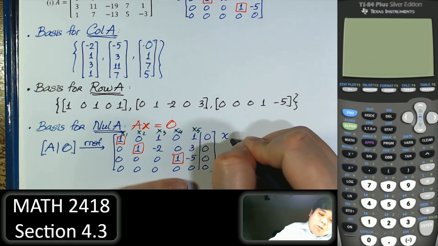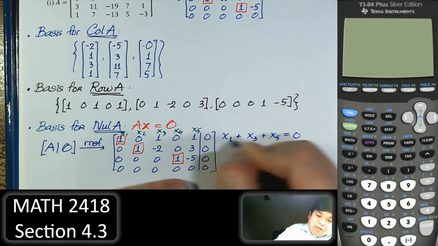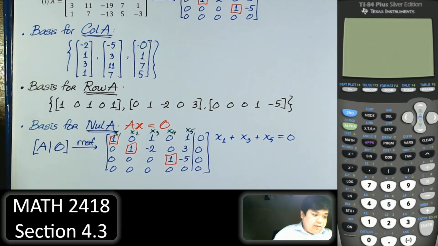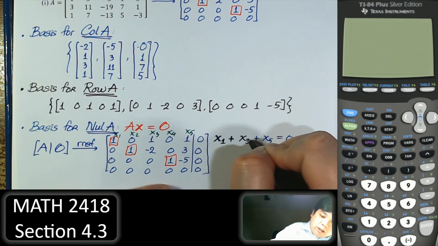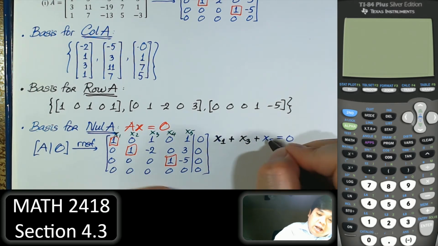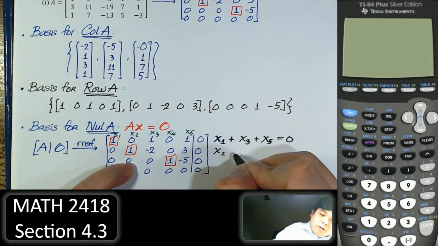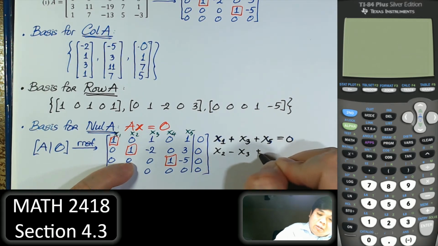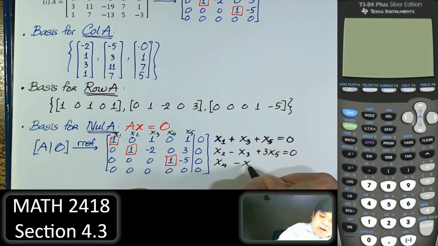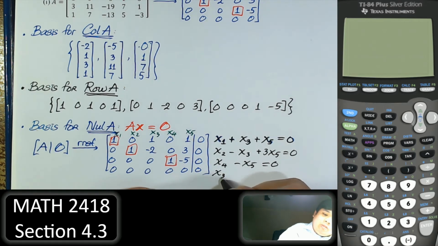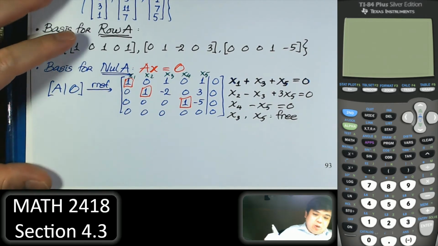So from this we say x1 plus x3 plus x5 equal to 0, and then x2 minus 2x3 plus 3x5 is equal to 0, and then x4 minus x5 equal to 0, and of course x3 and x5 are free variables. I put that together, we have the solution.